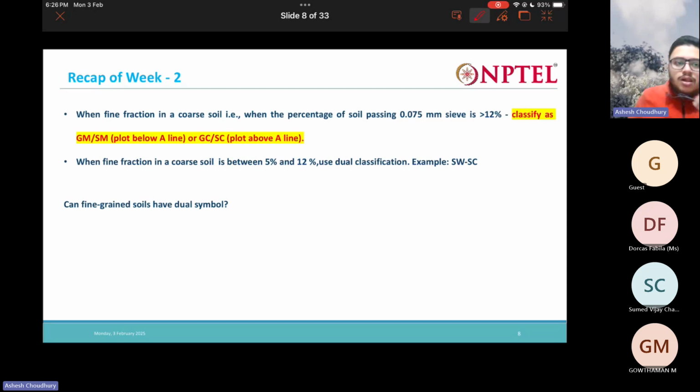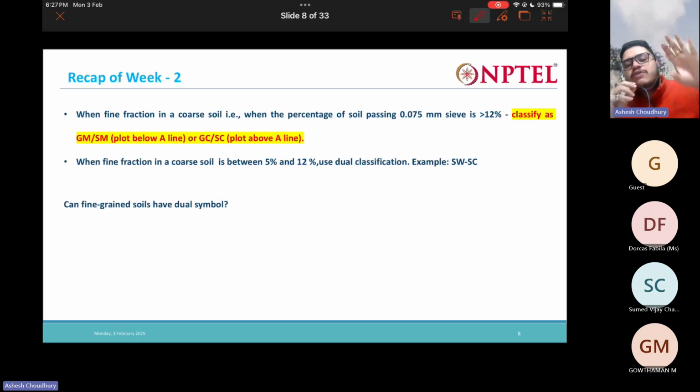Now again coming back to our coarse grained soil. When the fine fraction in a coarse soil, that is the percentage of soil passing through the 0.075 mm sieve, is greater than 12%, classify as GM or SM if the soil plots below the A line, or GC or SC if it plots above the A line.